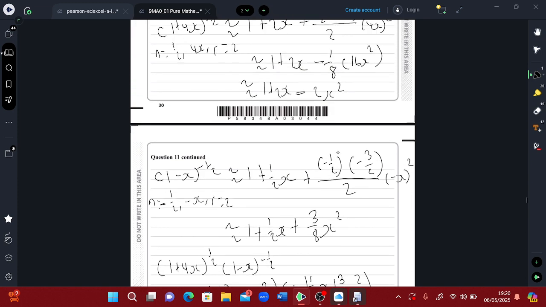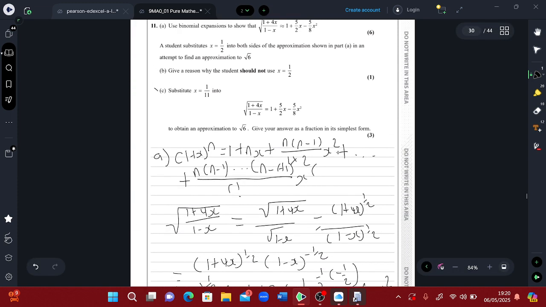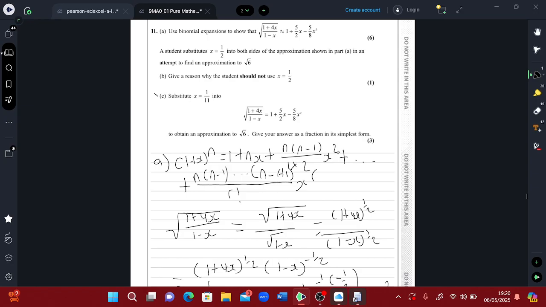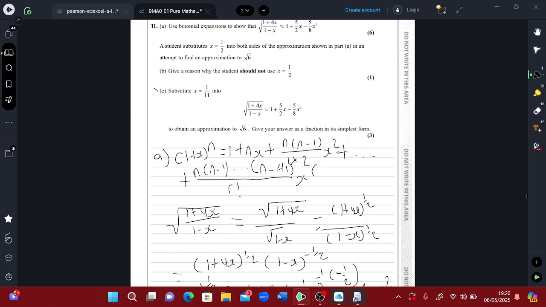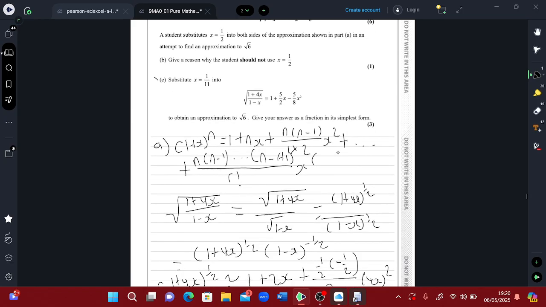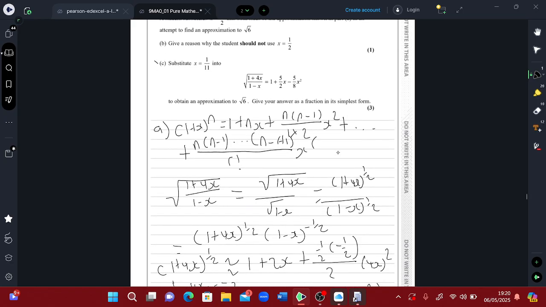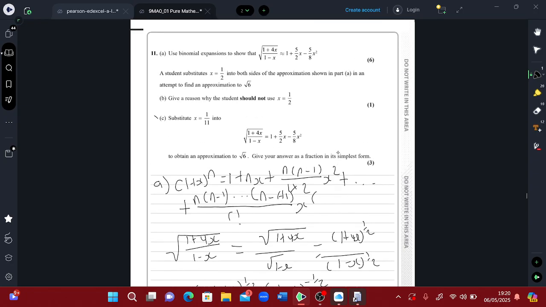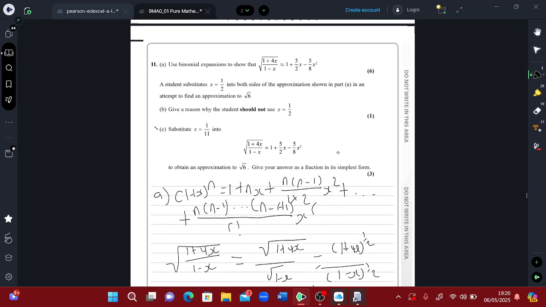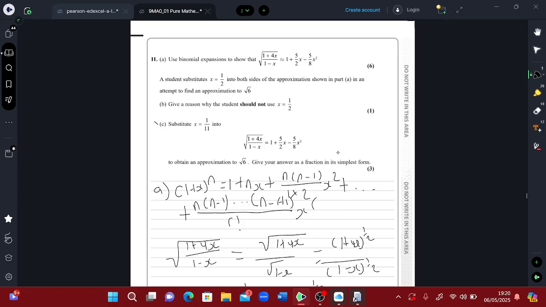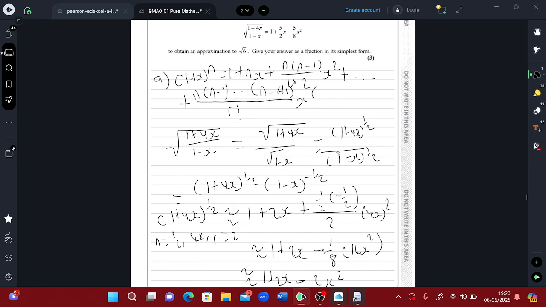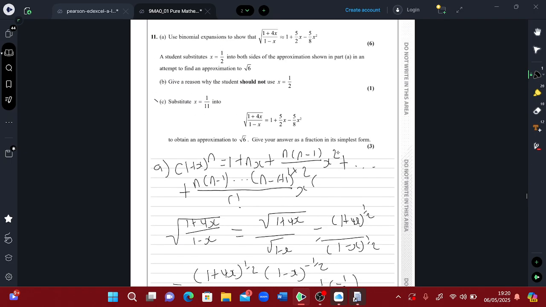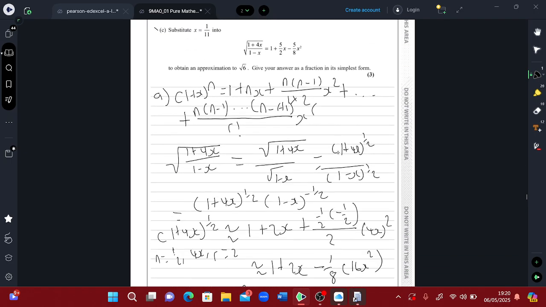Very interesting. Did we copy the function wrong by any chance? I'm going to check it against 1 plus 4x over 1 minus x. No, it's the right function. 1 plus 5 over 2x minus 5 over 8. Interesting.